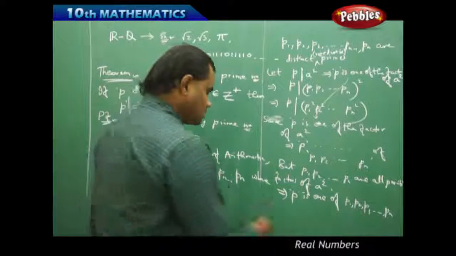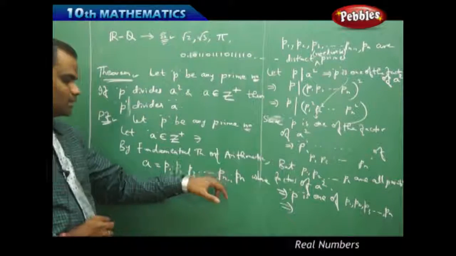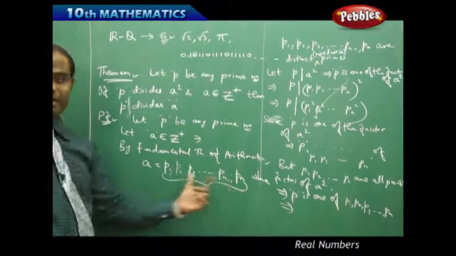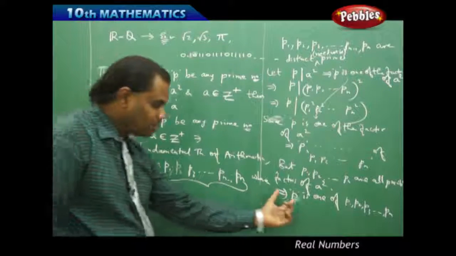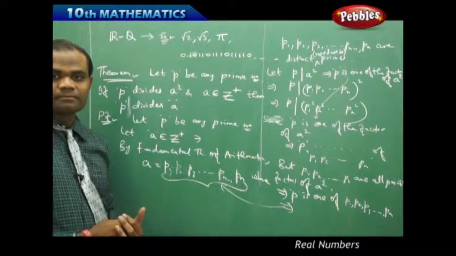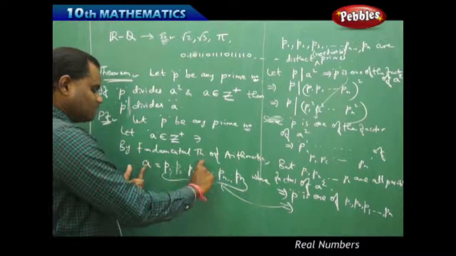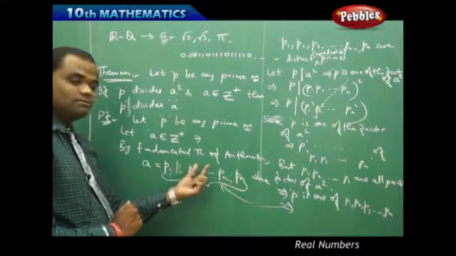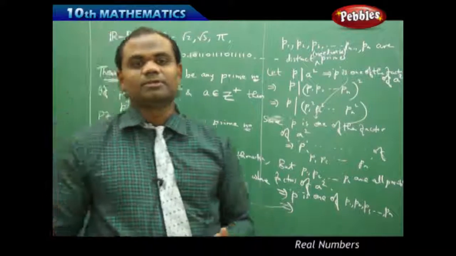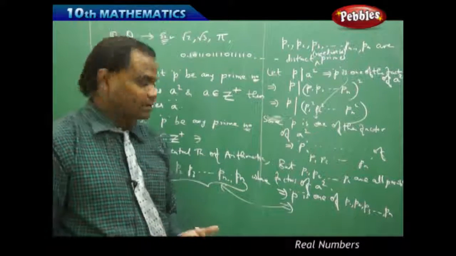That implies that when one of them is P, out of these which multiplied give a, P must divide a because P lies in one of these products. If it lies somewhere in between, then this clearly indicates that P divides a, because P is one of the factors in a. A expressed in the form p1, p2, p3 till pn is how we understand the concept of division and factors.